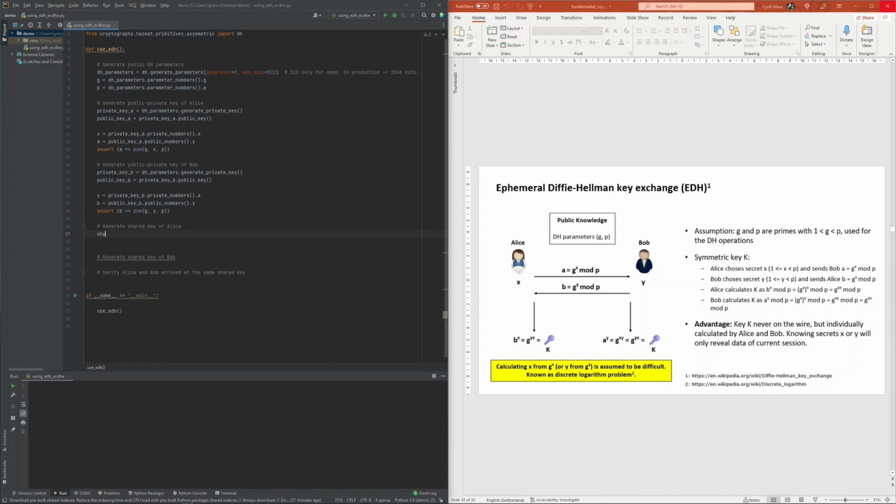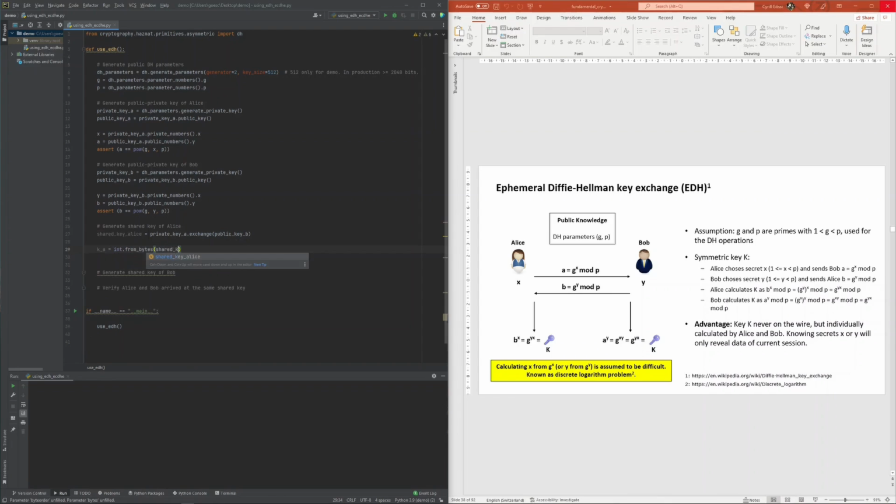Having the public-private key pairs and the half keys ready, I could then have the exchange take place and have Alice create the final shared key by taking in the half key of Bob, and for Bob to create the final shared key by taking in the half key of Alice.